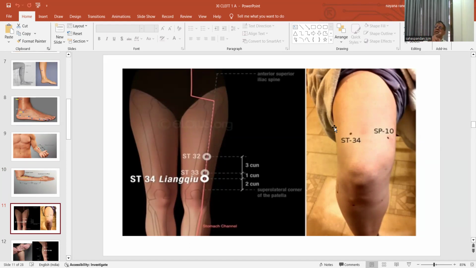This is the only Xi-cleft point located proximal to the knee; otherwise, all Xi-cleft points are below the knee and below the elbow. The stomach channel passes through the breast and nipple, and stomach 34 is indicated in TCM for acute disorders such as breast pain and breast abscesses. In modern clinical practice, it is also used for acute epigastric pain.